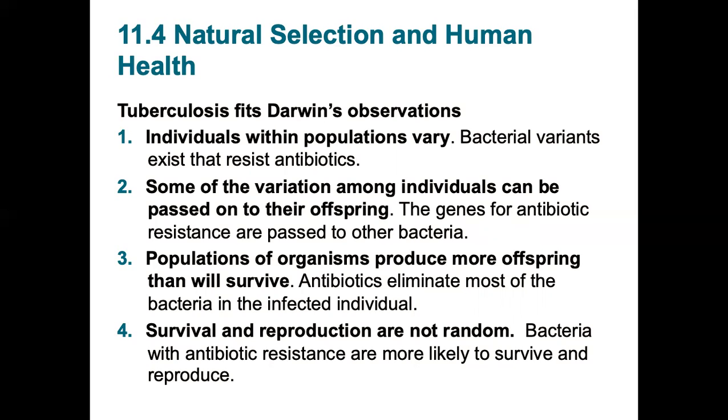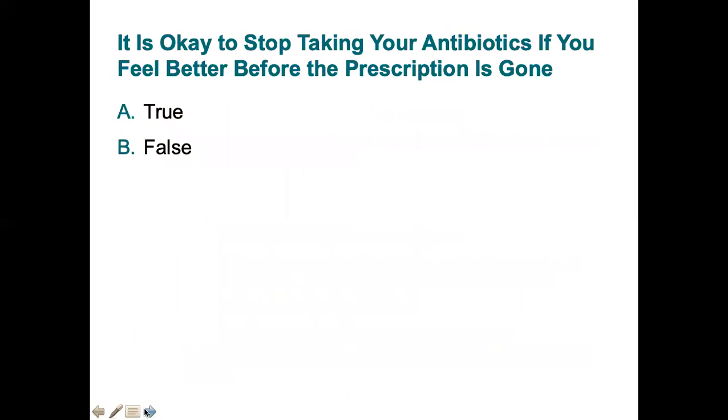And the ones that are more fit, that have that little bit extra resistance, remain. And when you remove that selective pressure of antibiotics, those bacteria that remain can then reproduce. And now you end up with an entire population that is more likely to survive. That's directional natural selection.